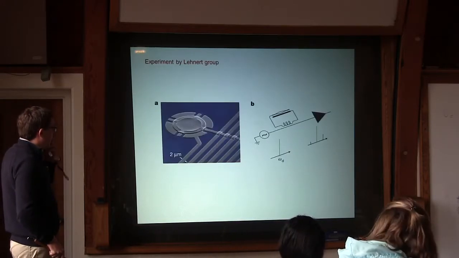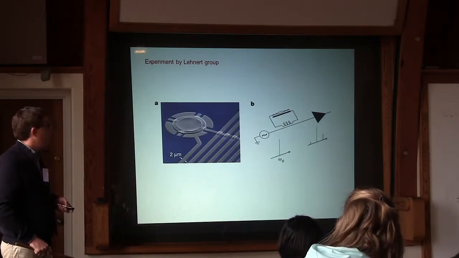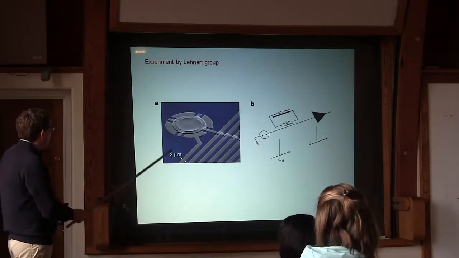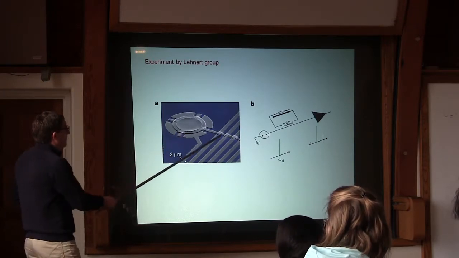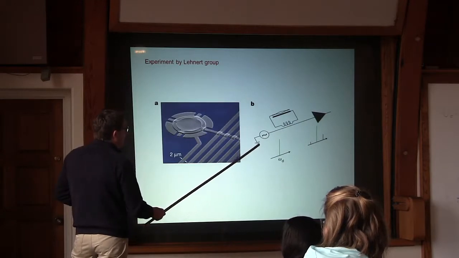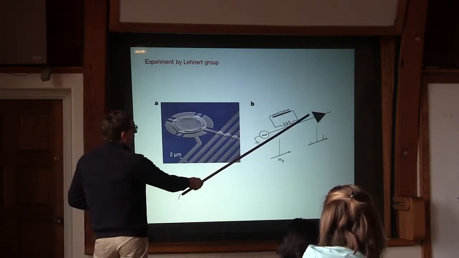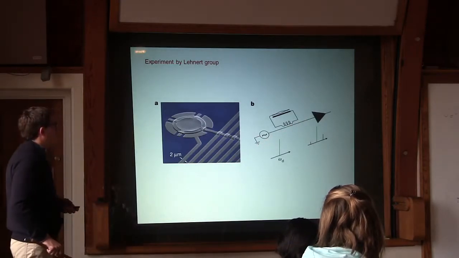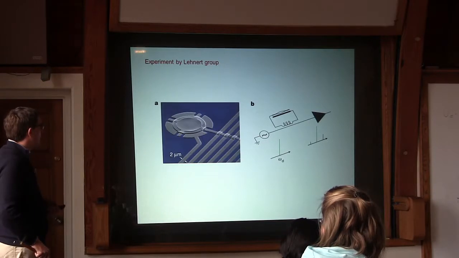And this was done by Konrad Lehnert, again, with the electromechanical system I showed you yesterday. That is this mechanically compliant capacitor being integrated in an LC circuit. We have a transmission line, and we can drive that system on particular sidebands, upper, lower sidebands, etc. And with the JPA, we can do phase-sensitive detection of the pulses generated here.